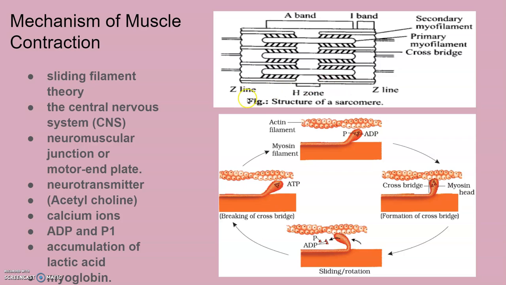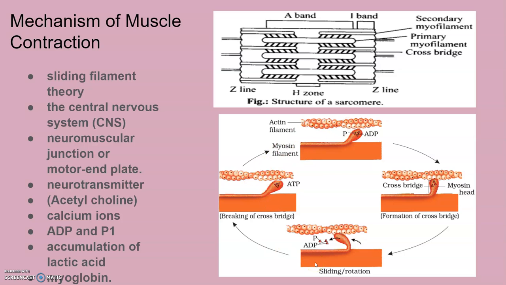So when they are pulled inside, it gets shortened, and the I band is reduced. The A bands retain their lengths, and the myosin releases the ADP and phosphate, adenosine diphosphate and phosphate, and goes back to its relaxed state.